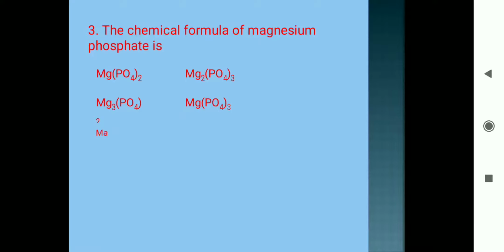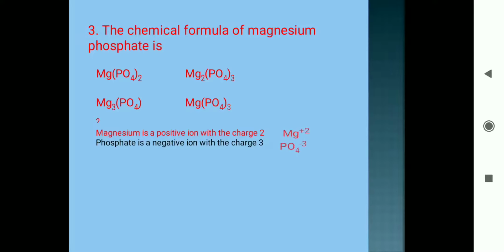Here we know already that magnesium ion is represented by the symbol Mg2+. Okay, it is a positive cation. Then coming to the phosphate ion, it has a formula for PO4 and the charge we write as 3-. So on the whole we can say Mg2+ for magnesium, PO4 3- for phosphate.